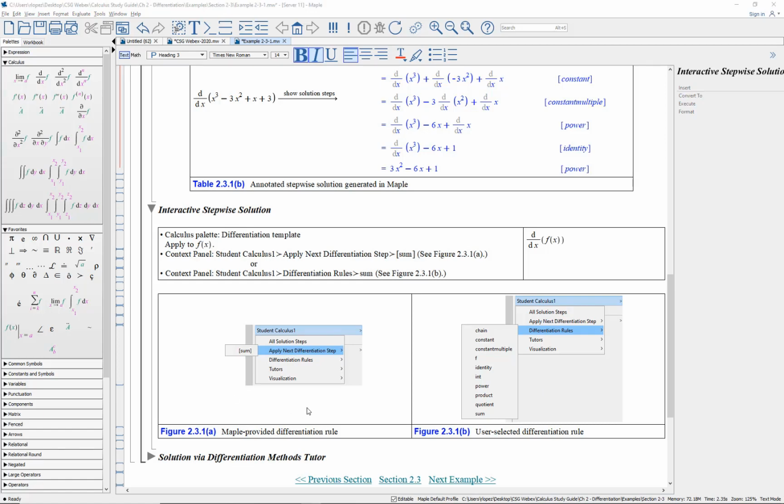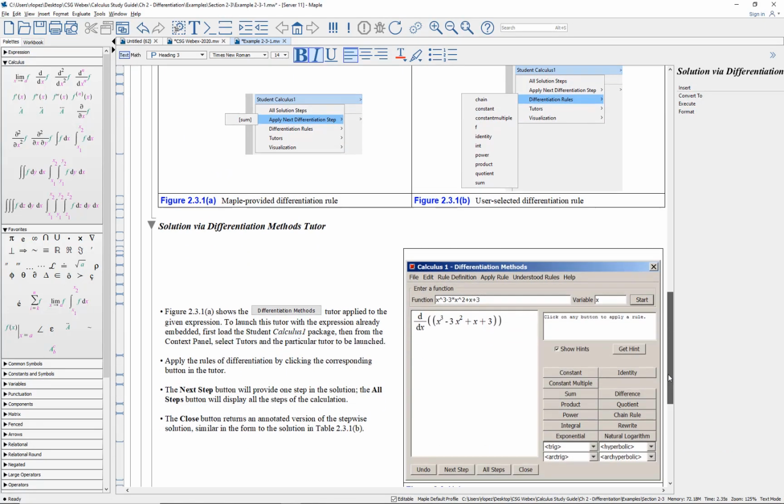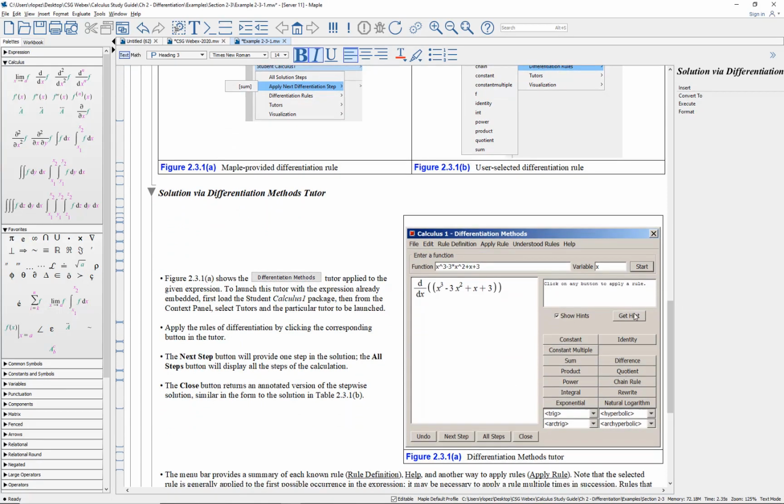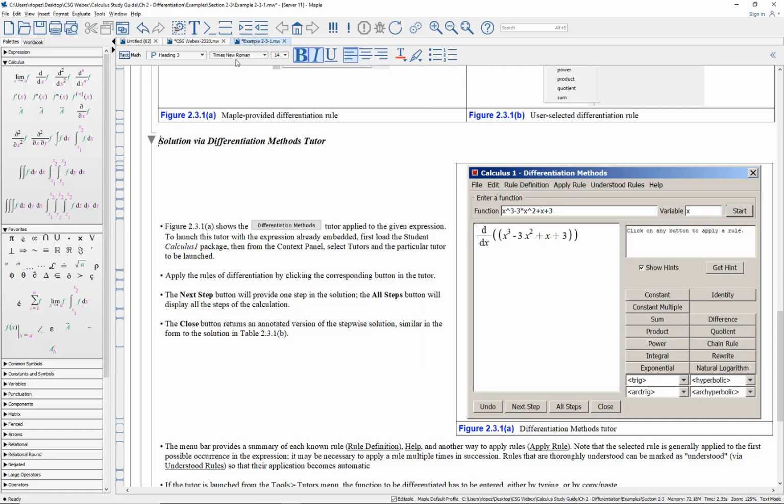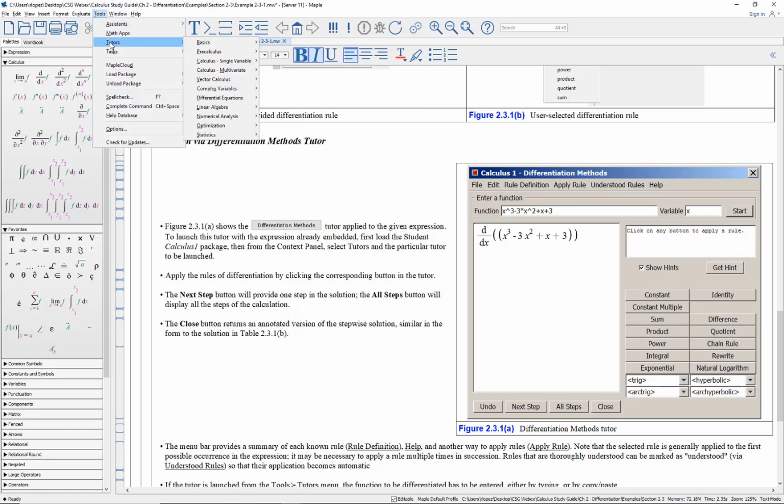In addition to access to these rules through the context panel, there is the differentiation methods tutor. So the tutors live up here. Tools, tutors, and here you see single variable calculus and a list of tutors, which are pop-up tools. You can see what it looks like in that image that I've captured and pasted in.